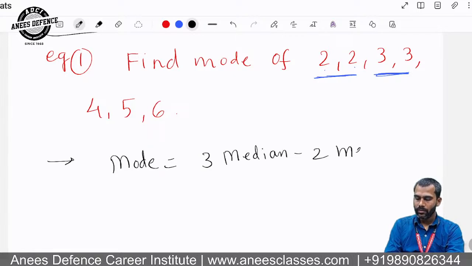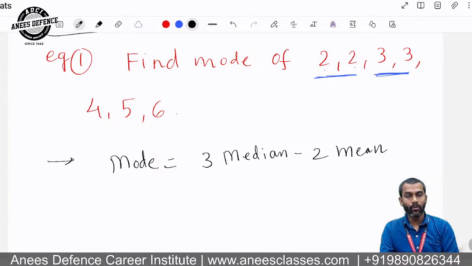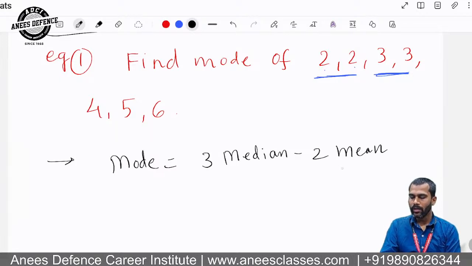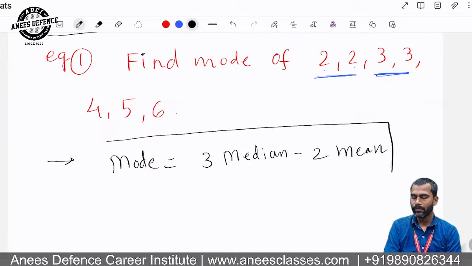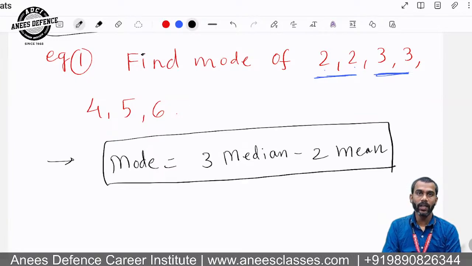When you are getting more than one mode, it should be unique, so that is the formula you need to use. For that, you need to find median and mean, and then apply the formula.